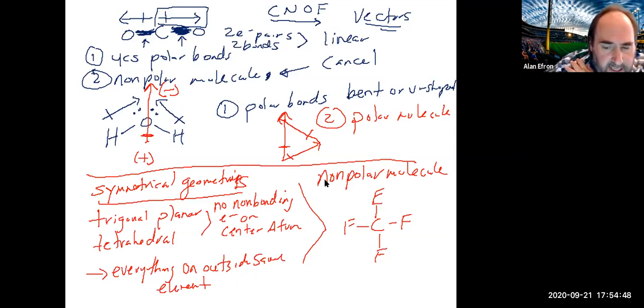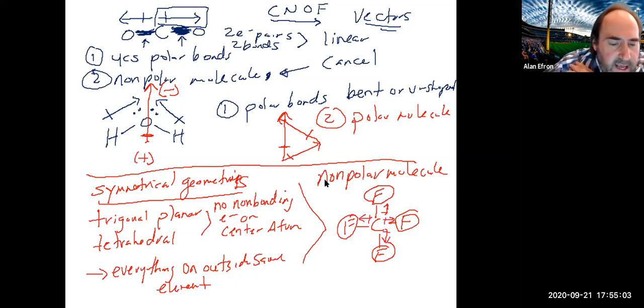Everything on the outside here is exactly the same. It's tetrahedral in terms of geometry. They're all going to cancel each other out because they're basically all heading towards the fluorines. You draw those arrows, they're all going to go towards the fluorine, which is more electronegative, and they're going to pretty much cancel each other out. And this is going to give you a nonpolar molecule.